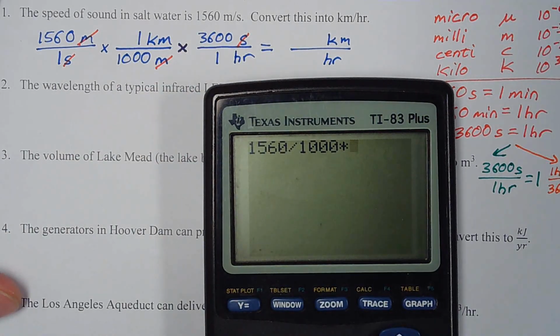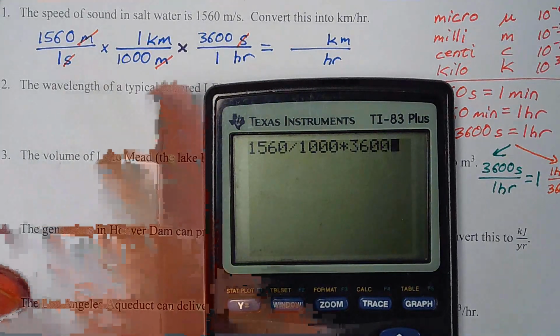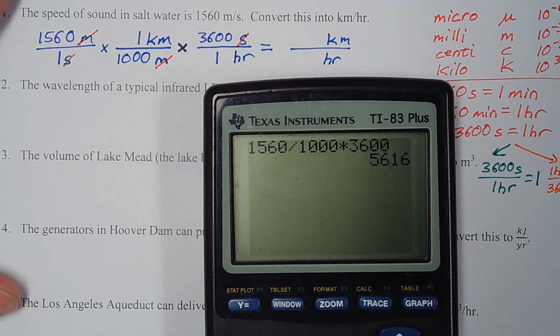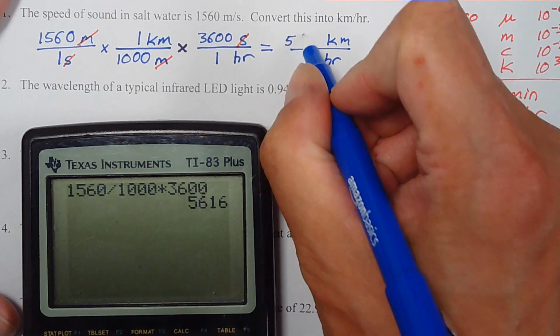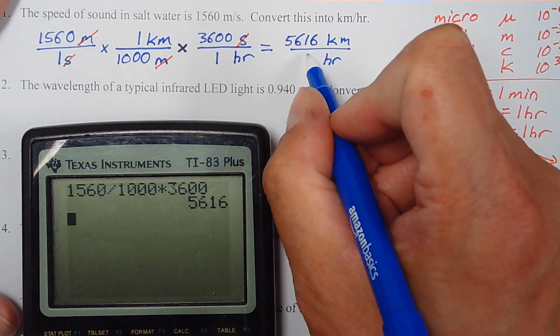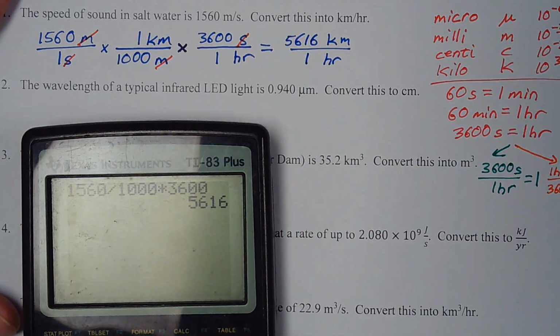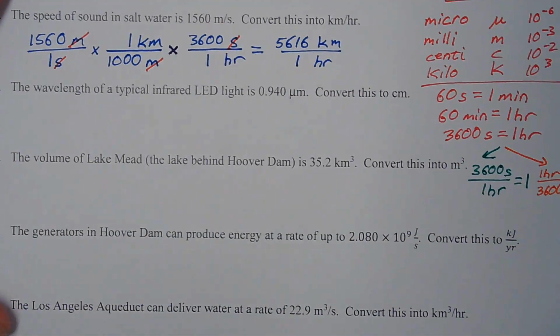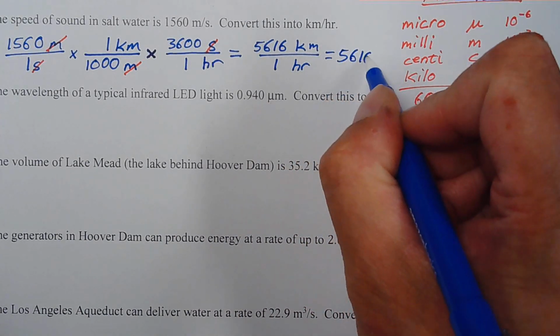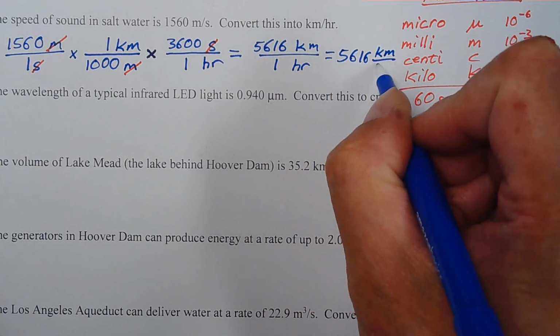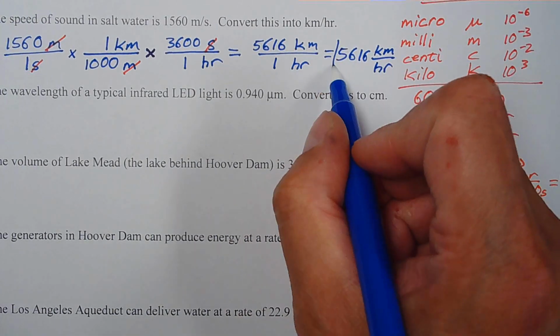Times 3,600 divided by 1 gives us 5,616 as our quantity. And that's going to be over 1. Or, as it's more commonly written, 5,616 kilometers per hour.